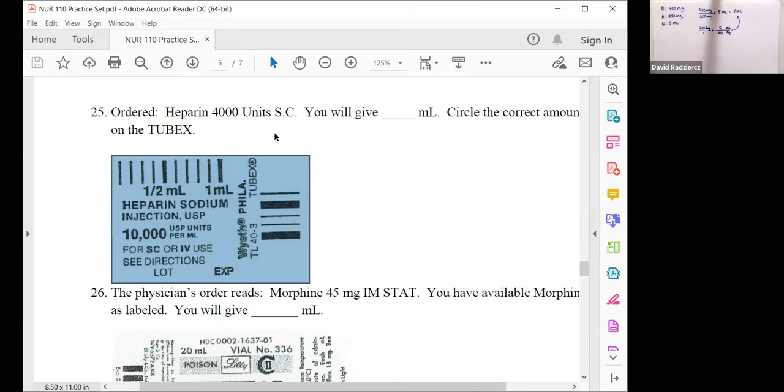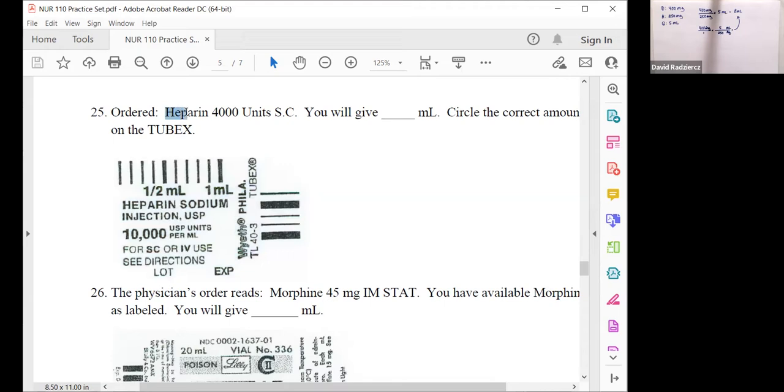So for this, we look at a couple things. We look at what the order is. The order is heparin 4,000 units SC. If you ever see SC, which means subcutaneously, or IM, intramuscularly, even if it doesn't tell you that it's milliliters, it has to be. It's a liquid. It's injected. You're not injecting powders. You're not injecting tablets.